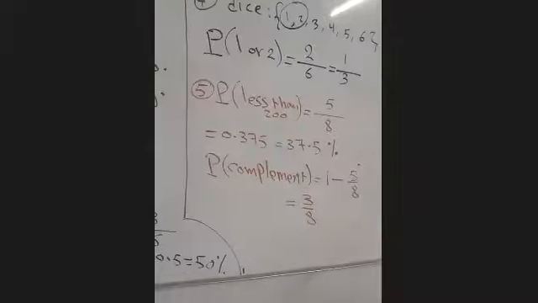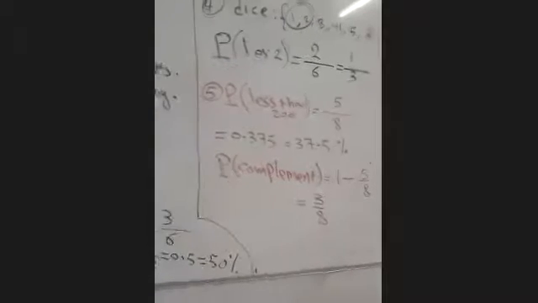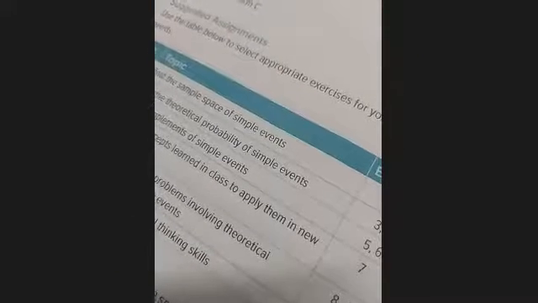Question 6. Okay, let's try to do question 6. I'll do it quickly, guys. A spinner with 5 equal sections labeled red, yellow, blue, green, and purple. So 5 sections: 1, 2, 3, 4, 5.